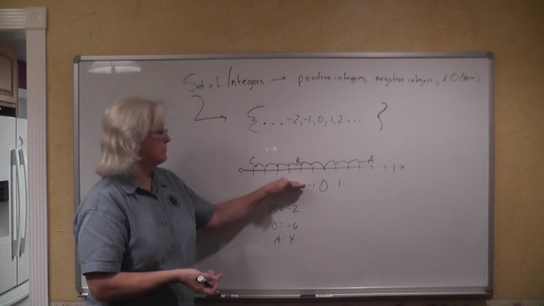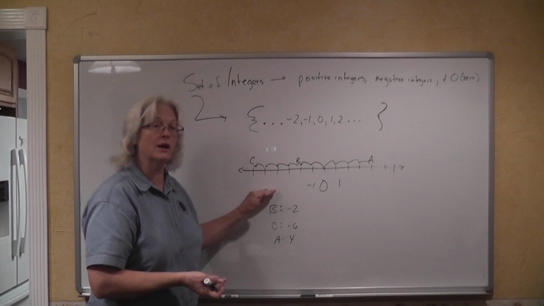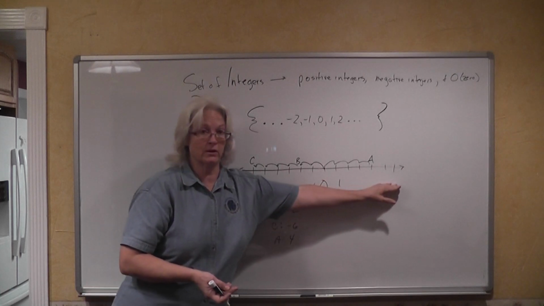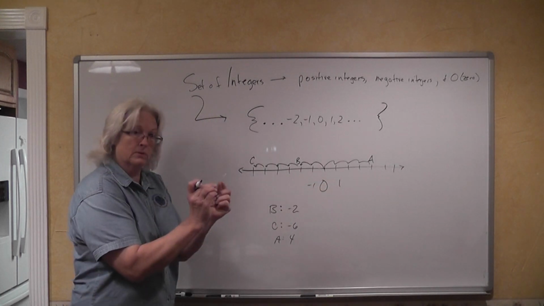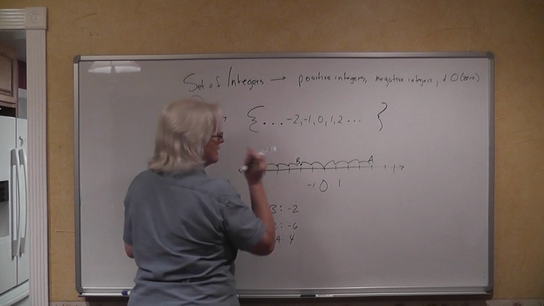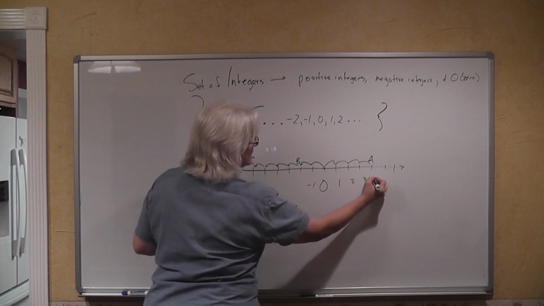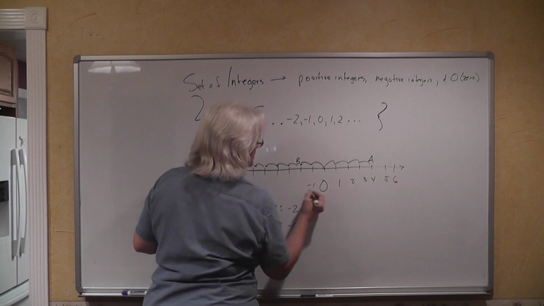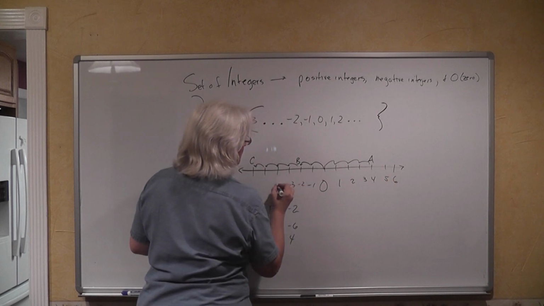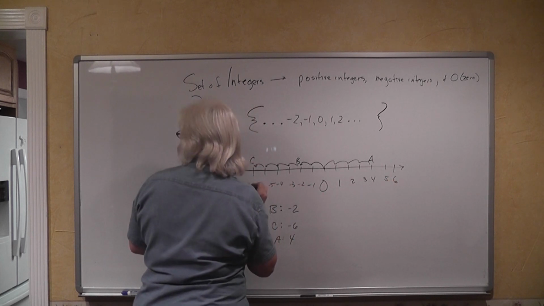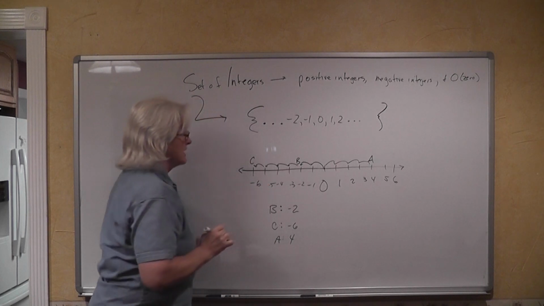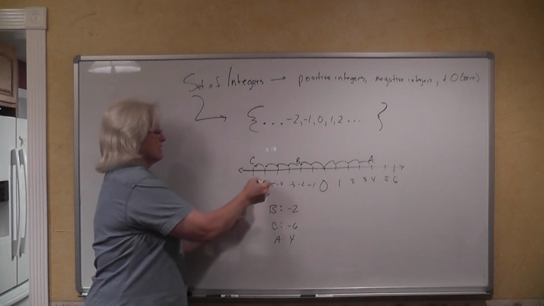Now you saw before, I went ahead and erased those numbers indicating the scale on this number line. Let me go ahead and write them back. I have 1, 2, 3, 4, 5, and 6, -3, -4, -5, and -6. Look at that.